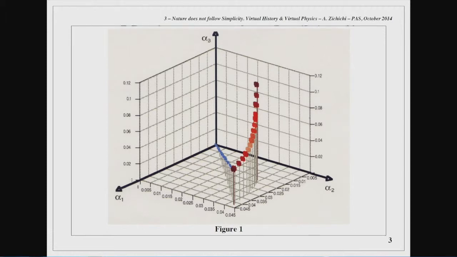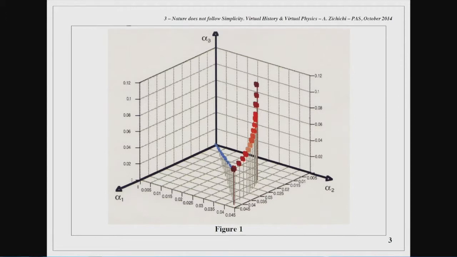In the three axes, there is alpha 1, alpha 2, and alpha 3. Alpha 1 is the gauge coupling of the fundamental force called electricity, quantum electrodynamics.